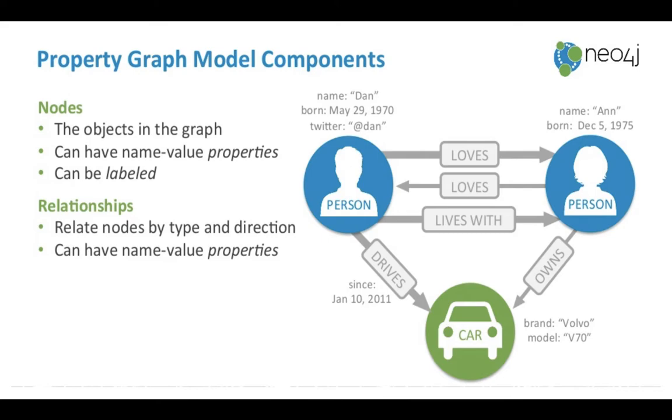So there is a relationship between the two that they both love each other. Person A lives with person B, Dan lives with Annie, and Annie owns a car. Dan drives the car. The car node also has properties of brand and model.